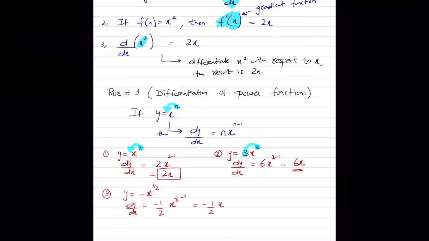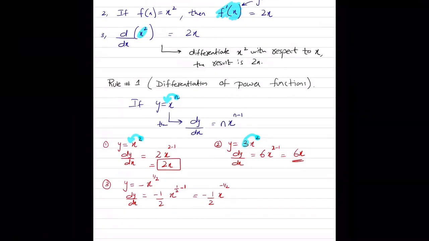Minus 1 upon 2. Half minus 1 is minus 1 upon 2. So I can write this as minus 1 upon 2 x to the power of negative half. I can write this in index form, or I can write this as minus 1 upon 2 square root x. It means the same thing. So if this is the equation of the curve, then the derivative is going to be this.